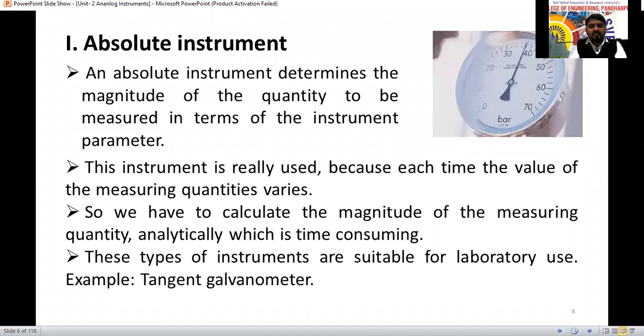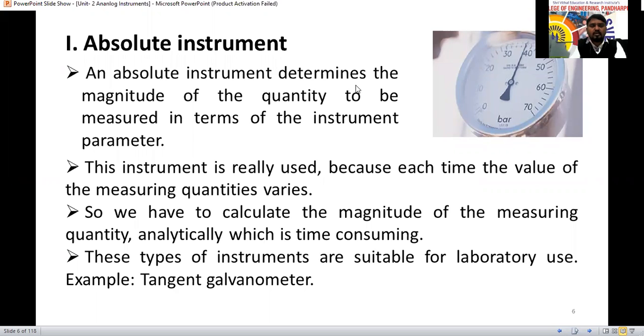What is the difference? In the form of the instrument parameter only it is going to display. We cannot say that it is in volts or in amperes like that. The instrument parameter, how is that? It gives one rotation, two rotations, like that only. Later we have to convert that into voltage, current, by calculation.